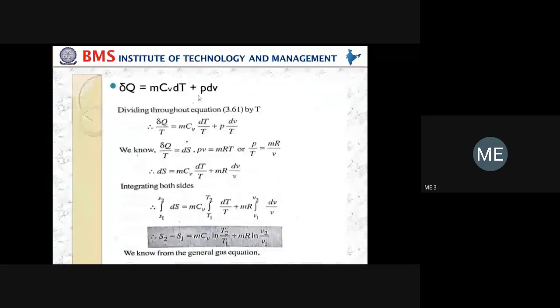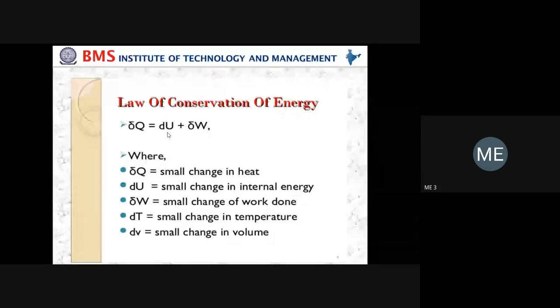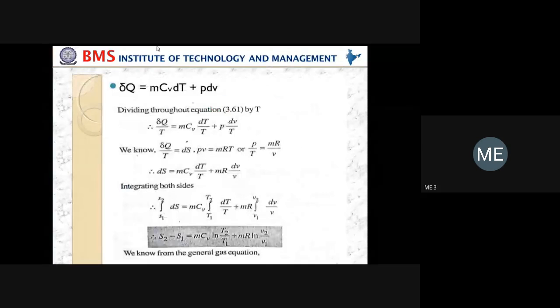Now, dQ equals dU. As I said in the previous class, whatever process it is, the internal energy is a function of temperature only, and it is always given by m Cv dT. Remember, this is the standard formula for the internal energy. Whether it is constant temperature, constant volume, whatever it is, this is the standard formula for change in internal energy.